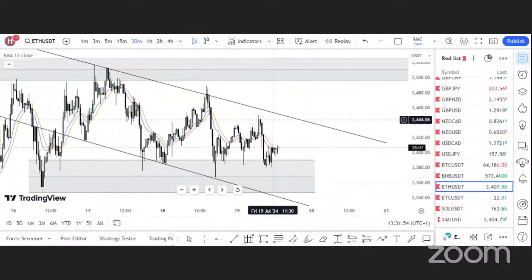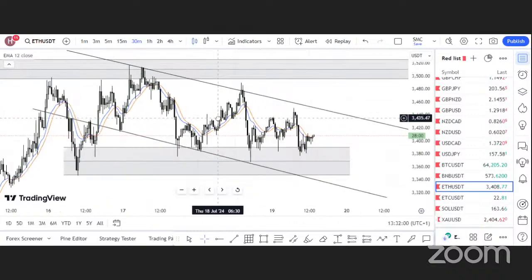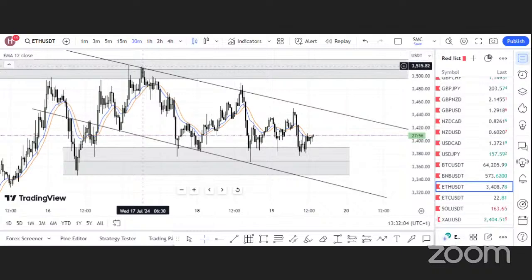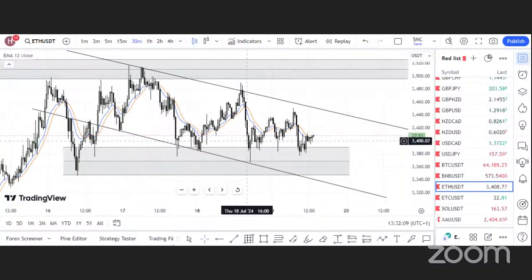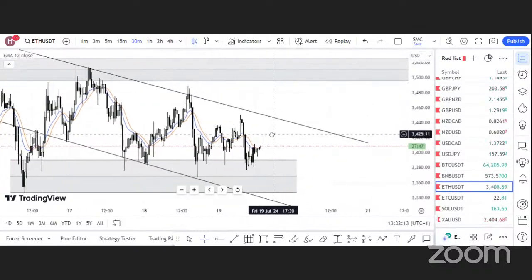So you saw how I was able to draw my trend line to get this market movement. Okay. So I made sure that the market is touching both the supports and the resistance the market has made earlier.